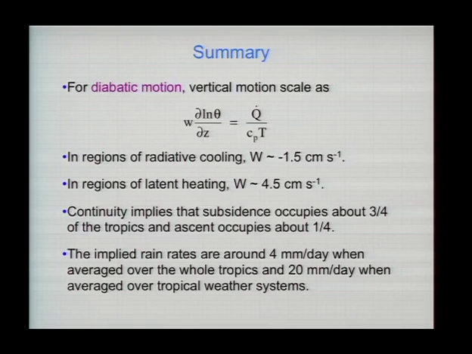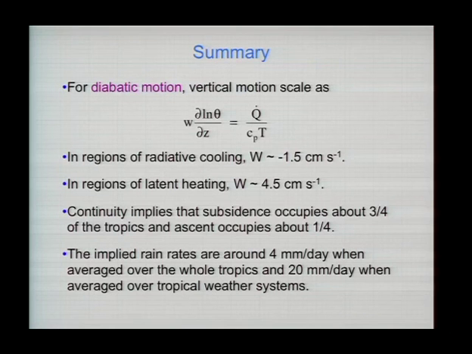I'd assumed it was a fifth, but a quarter is close enough for the purposes of this scale. That also implied rain rates, when averaged over all the tropics, of maybe several millimetres per day, but when averaged over just the convecting part of the tropics, more like 20 millimetres per day.